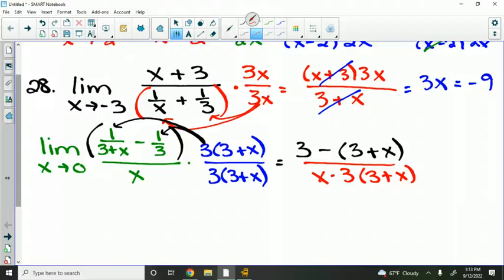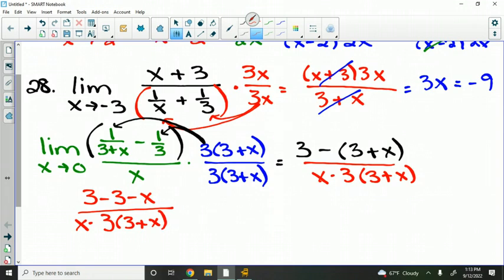Now for that numerator, think back to algebra 1. In algebra 1, you would have distributed the negative, and it would be 3 minus 3 minus x. So that's distributing that negative, getting rid of the parentheses. What's 3 minus 3? Nothing, right? Great question.